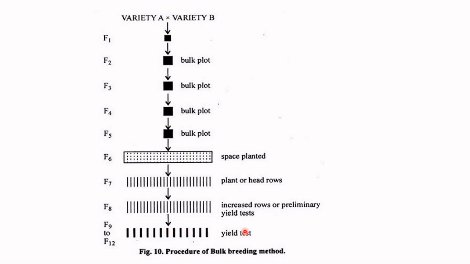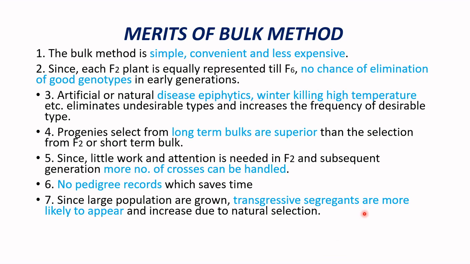And we have to go for preliminary yield trials and advanced yield trials or coordinated yield trials, and release as a variety. Some of the merits of the bulk method are that it is simple, convenient, and less expensive when compared to the pedigree method.